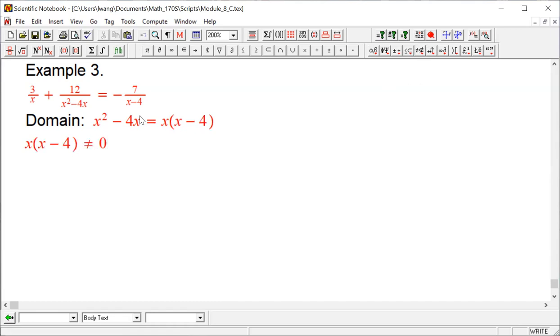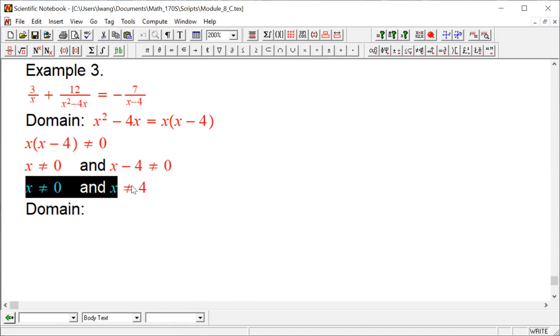Of course, this will make sure that x is not 0, and x minus 4 is not 0. So this will make sure that all the denominators cannot be 0. So in the end, we get x cannot equal 0 and x cannot equal 4. So the domain would be all real numbers except x cannot equal 0 and x cannot equal 4. So domain is found.